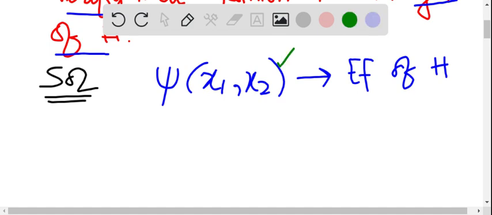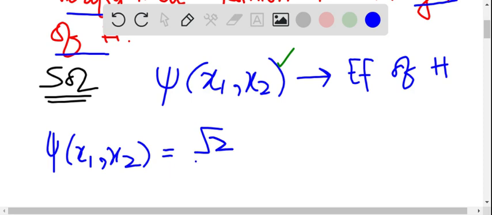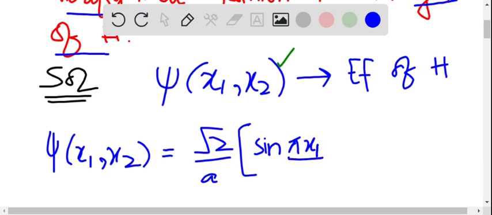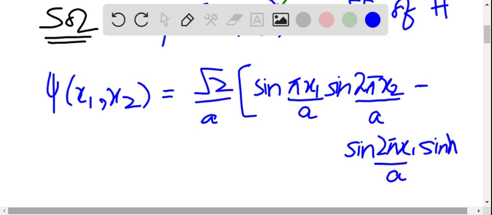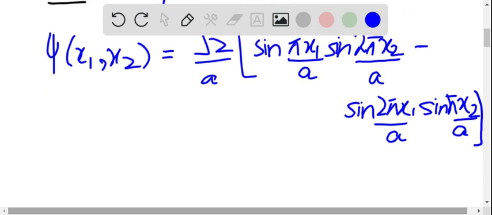So this function would be: ψ(x1, x2) = √(2/a) [sin(πx1/a) sin(2πx2/a) − sin(2πx1/a) sin(πx2/a)]. Now we need to find this Hamiltonian.